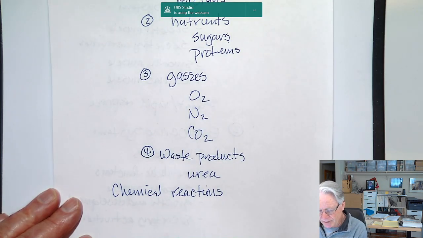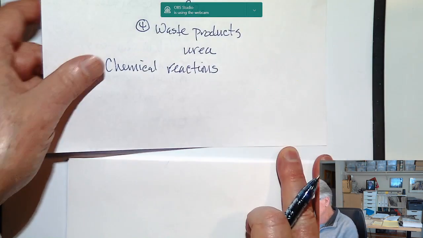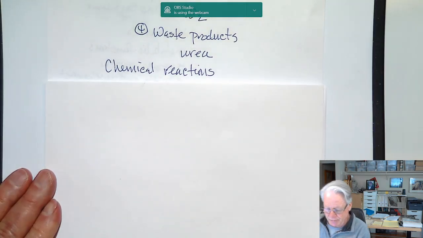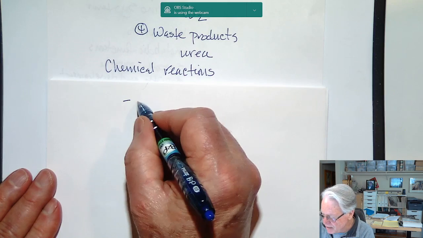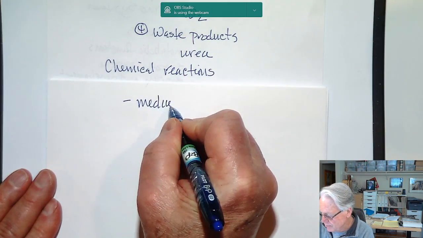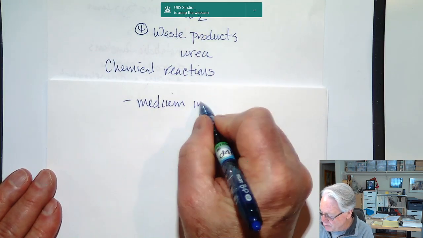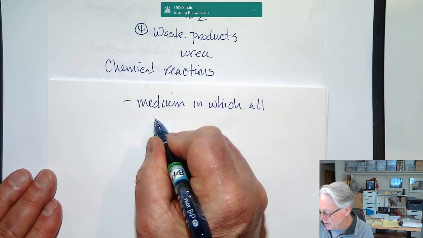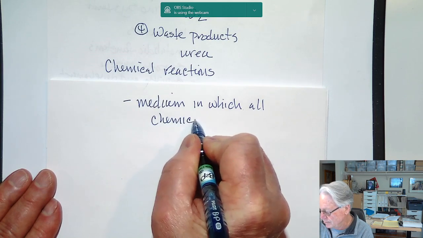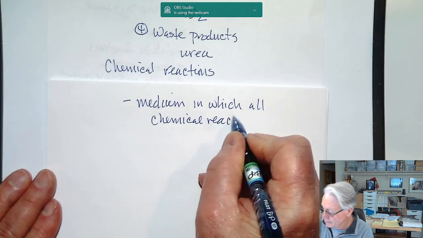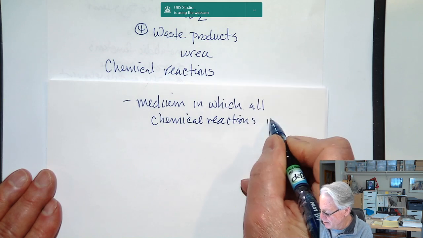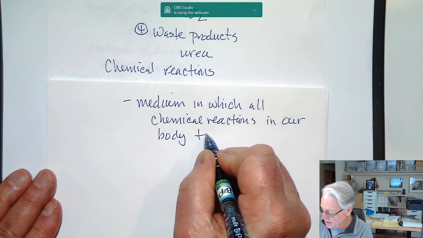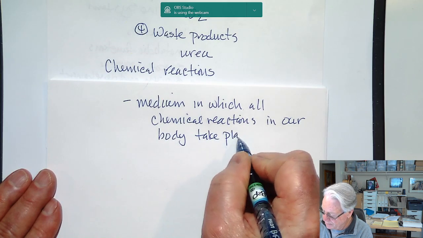All right, so we'll put down a statement, and then we'll have to give a little bit of background and talk about this. So chemical reactions. Water is the medium in which all chemical reactions in our body take place.